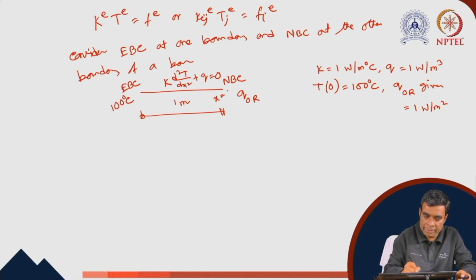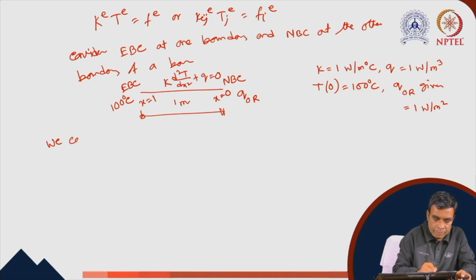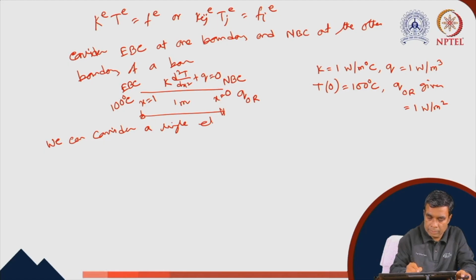So right boundary is x equals to 0, left boundary is x equals to 1. We can consider a single element for this case.